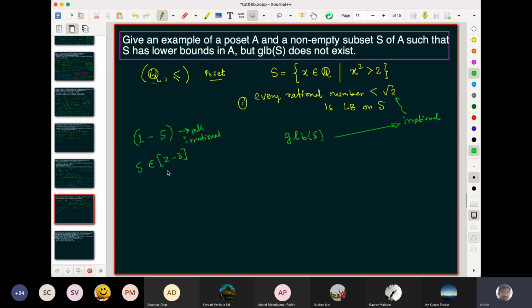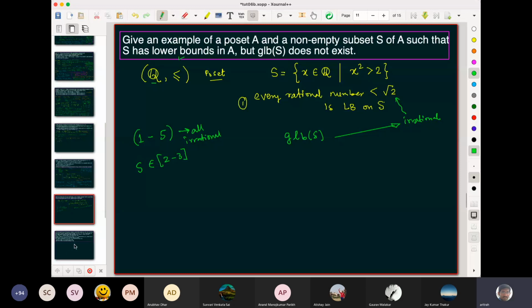This will also do, with respect to the less than or equal to relation. There could be many. I'm just trying to show you that they have lower bounds in A, but we do not have a greatest lower bound.